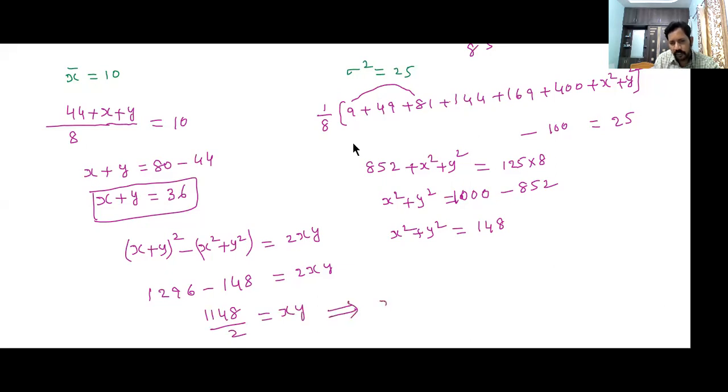Finally, what is x into y value? Divide with 2. 2 5s are 10, 2 7s are 14, 2 4s are 8. So final answer is 574.